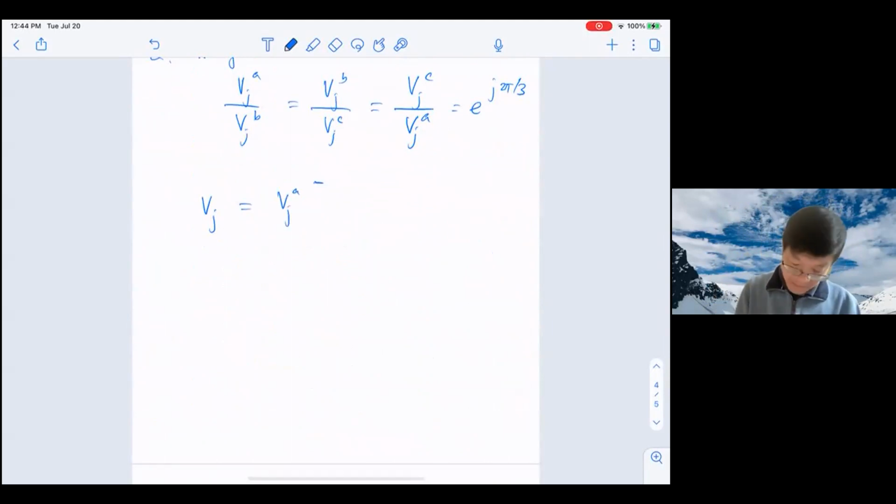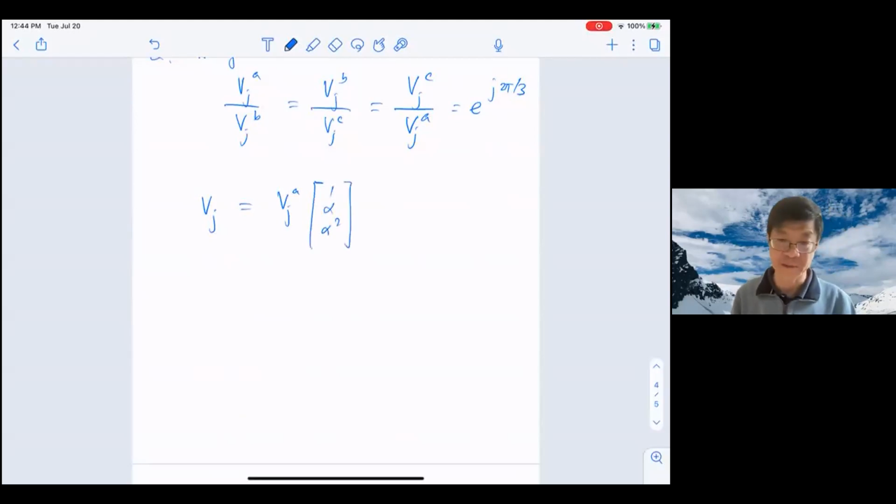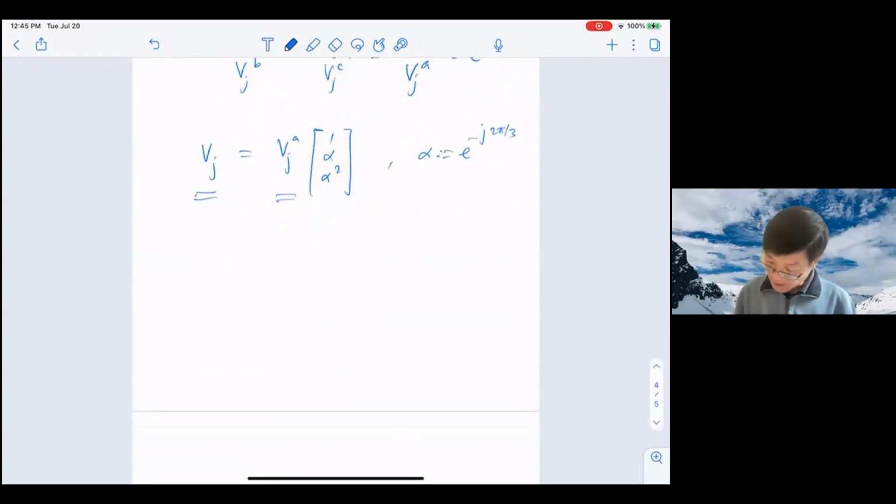So this is a scalar that determines the entire vector, because phase B, phase C will just be this, where alpha is e to the minus j, where j here is the square root of minus 1, 2 pi over 3, right? So it's just 120 degrees. So we get a three-dimensional vector, but determined only by a single scalar. What this means is that we can determine the off-diagonal entries of S_jk from its diagonal entries only, as follows.